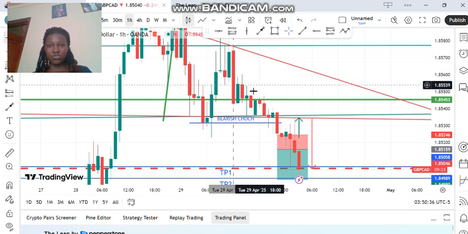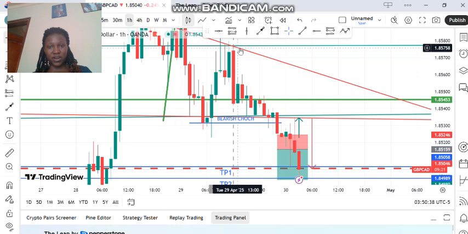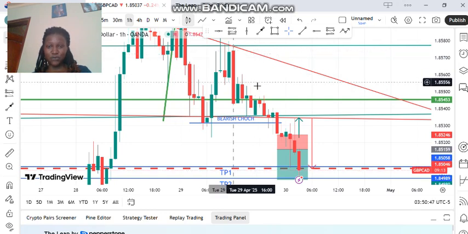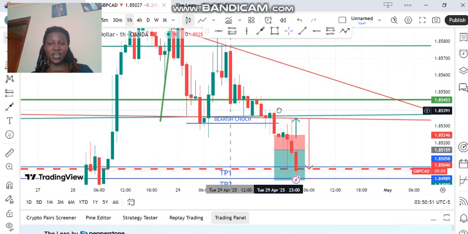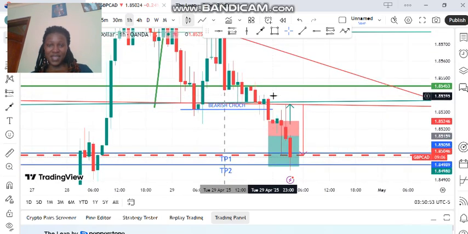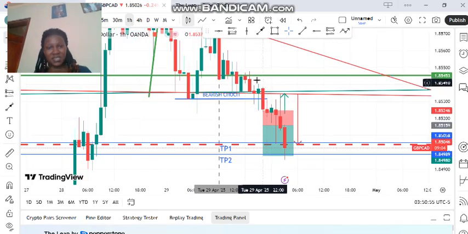I could have taken this trade, but I did not take it from here to here because the market did not retrace to my desired point of interest. So I had to let this setup flow. But I'm glad at least I'm trading according to my plan. I'm happy about that. So I missed this trade from here to here.